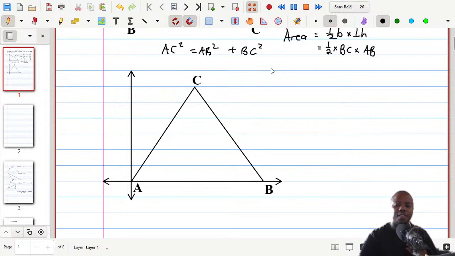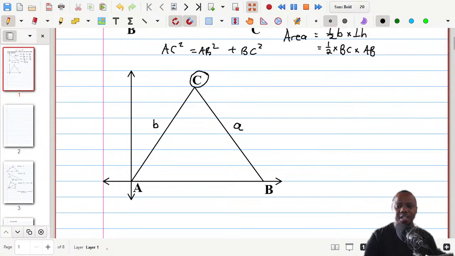Now, this is what we need to do. If you can remember from grade 10, we said that sides are always named according to the angle which is opposite them. In other words, if this is uppercase A, this is going to be lowercase a. If this is uppercase B, then the side opposite to it will be lowercase b.